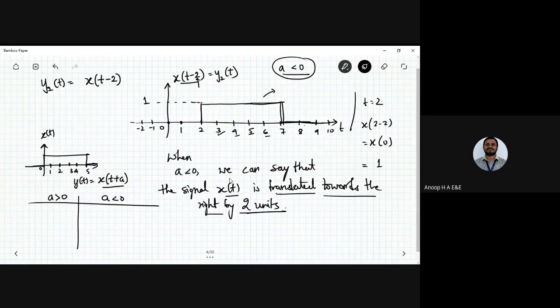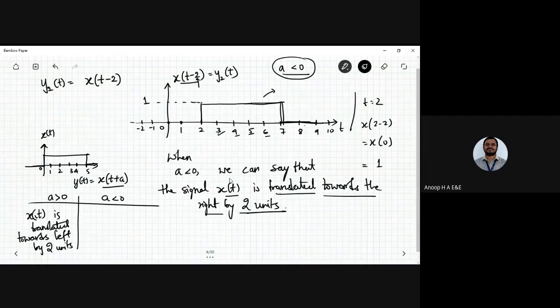Okay, so when a takes a value greater than 0, the signal x of t is translated towards left by 2 units.